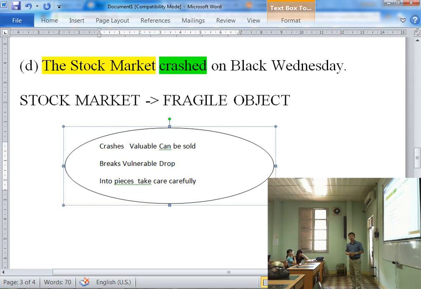The stock market dropped dramatically. We say that very often. The stock market fell sharply, right? This shows how vulnerable stock market can be, right?